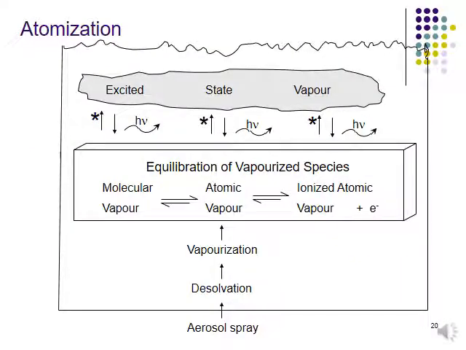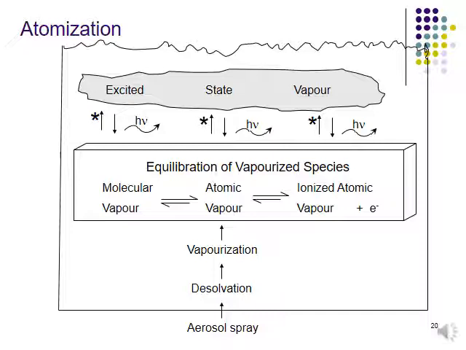So this is the schematic process of atomization when we use thermal. Here you can see that we have various stages of species, like the excited state and the vapor state. The molecular vapor, atomic vapor and also ionized atomic vapor will be at equilibrium.